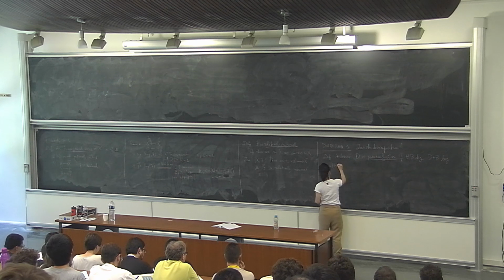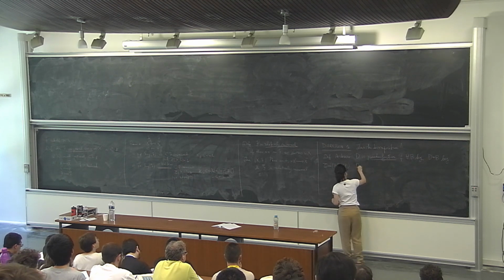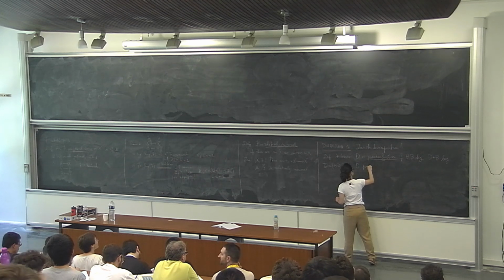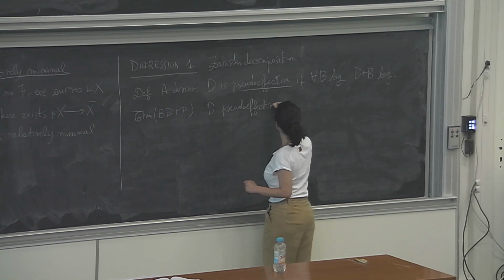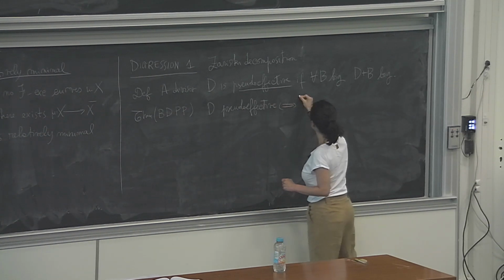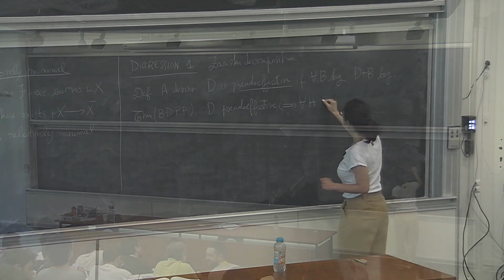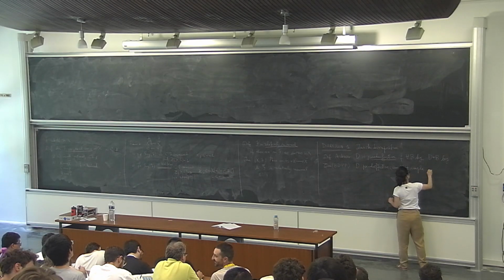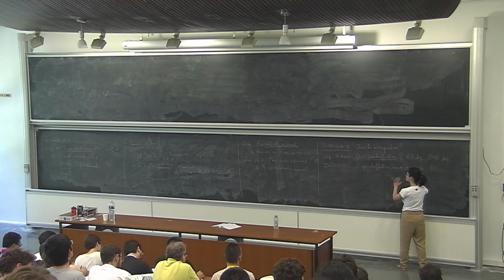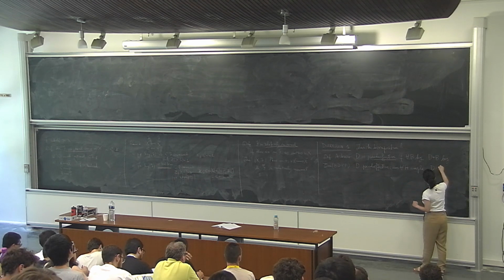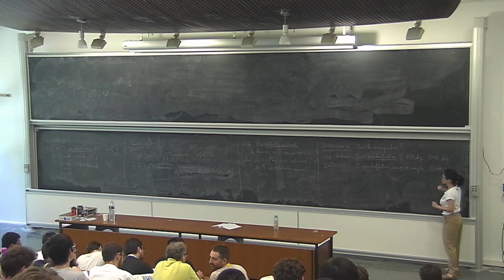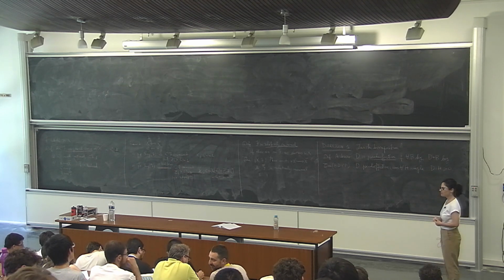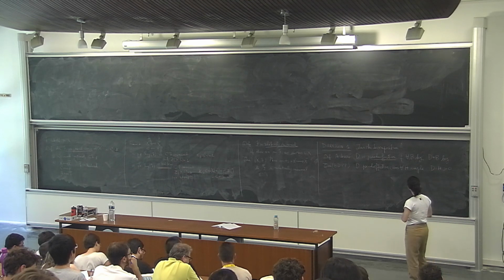A theorem by Boucksom, Demailly, Paun, and Peternell. D is pseudo-effective if and only if, for every ample divisor H, we are on surfaces always, D dot H is not negative. OK?